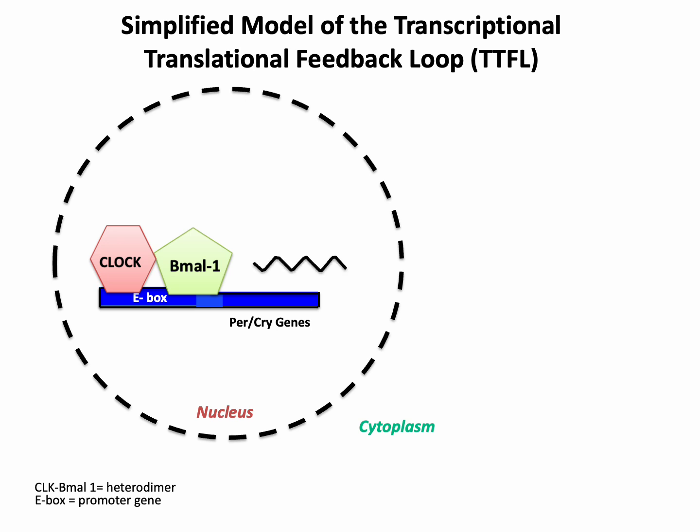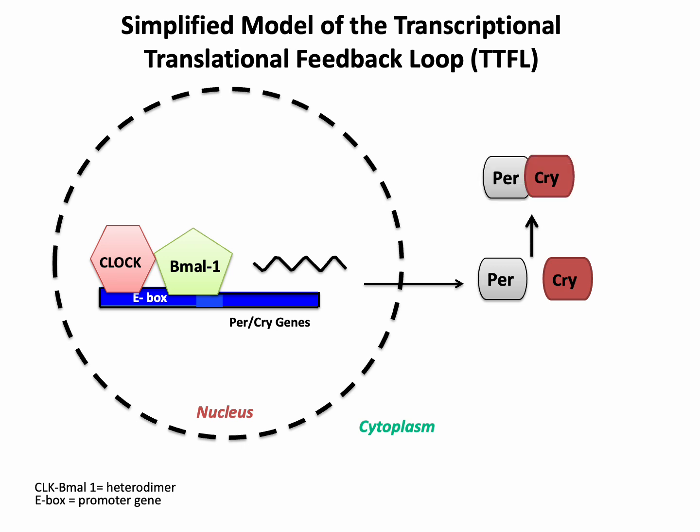This leads to transcription of messenger RNA, and this messenger RNA is then exported from the nucleus to the cytoplasm for PER and CRY protein translation. Once the level of PER-CRY becomes adequate, it undergoes post-translational modification by phosphorylation.